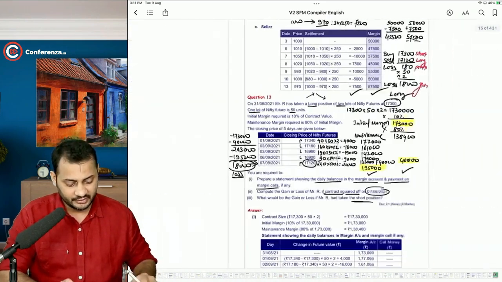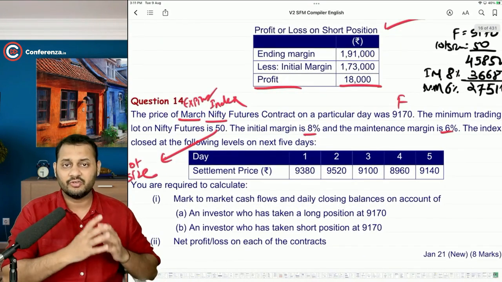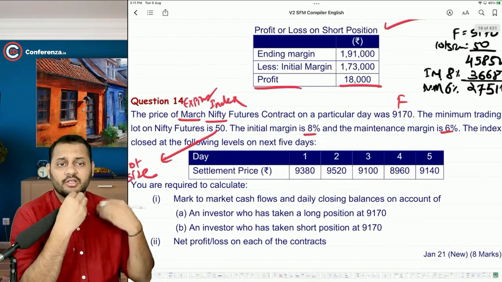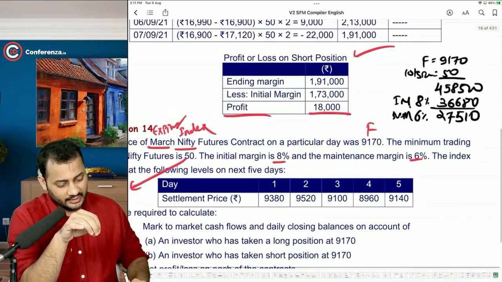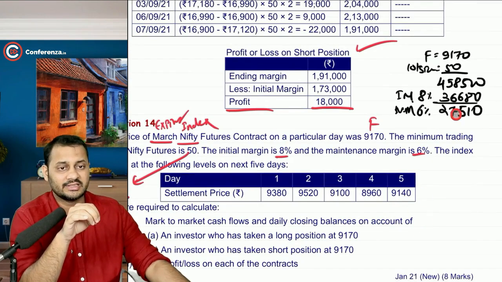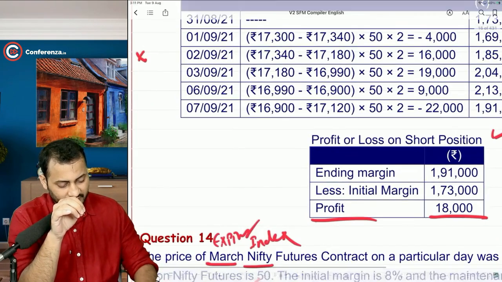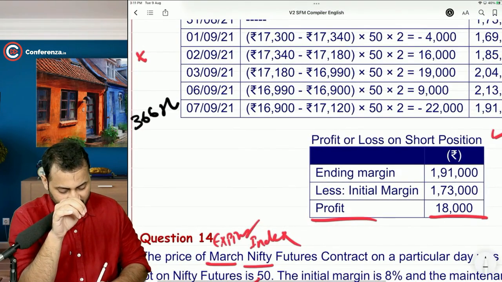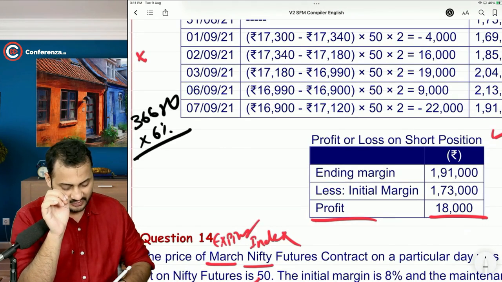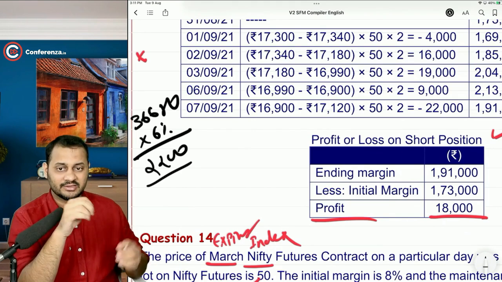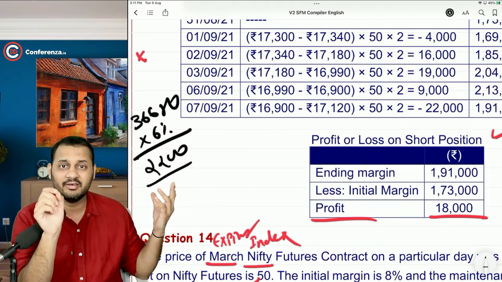It was clearly mentioned. But in this question, they have not mentioned that the 6% is of initial margin or the total contract value. But this is a common sense that you will have to apply, that if someone is paying 36,680 as the initial margin, and if you keep 6% of that only as the maintenance margin, then it's 2,200 only, which is very less and which is very risky for the exchange.